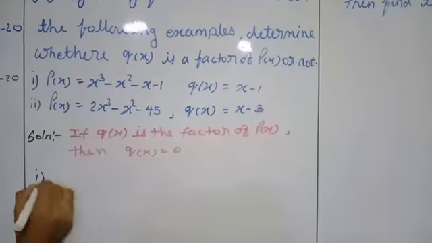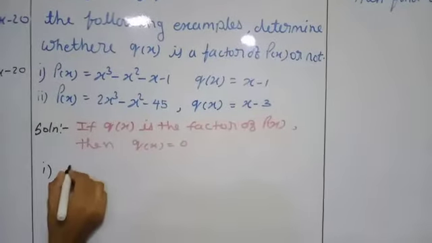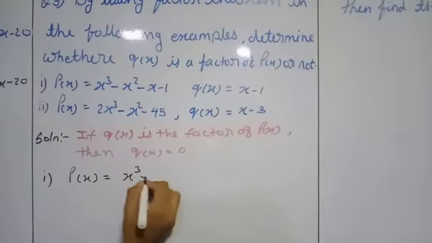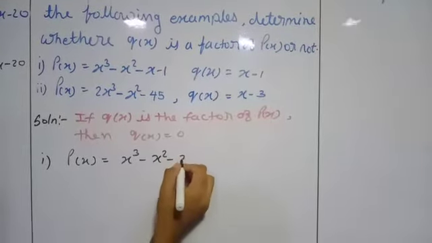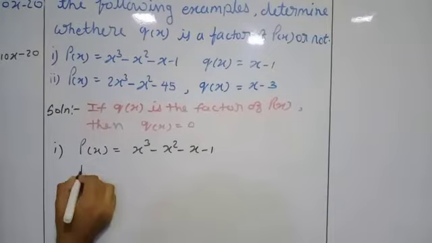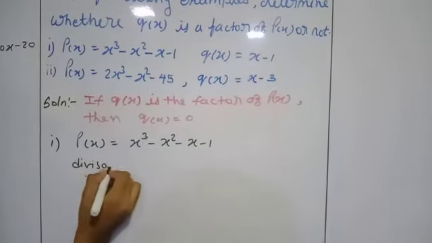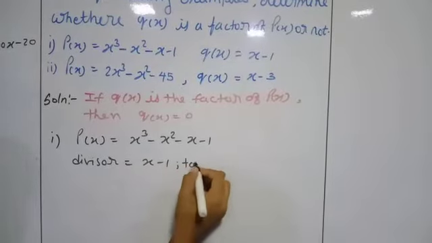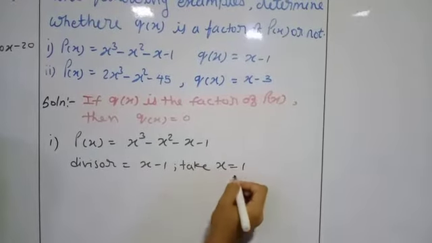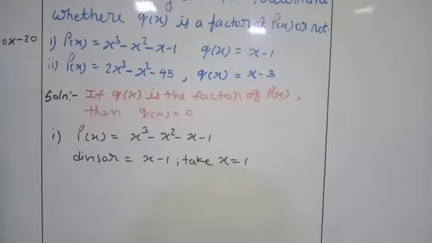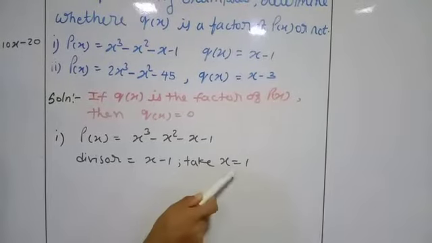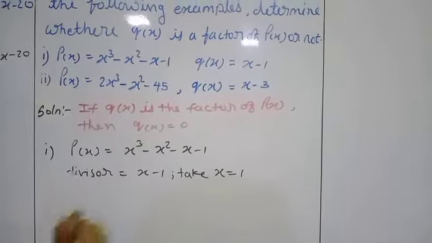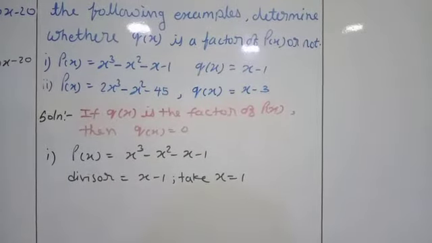So in the first one we have p(x) is equal to x cube minus x square minus x minus 1. Divisor is equal to x minus 1. Therefore take x is equal to 1. If this is a factor of this polynomial, we get p(1) is equal to 0.